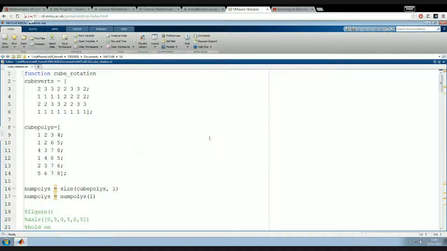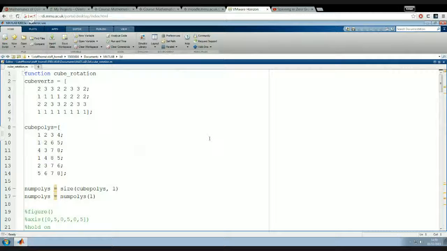Now we need to make things exact for MATLAB. So there's the X and Z axis. I'm going to talk about this cube here, whose vertices are at positions 2 and 3.